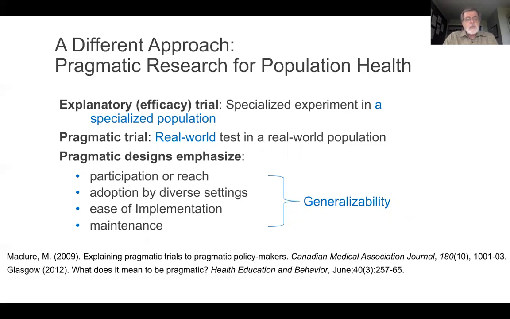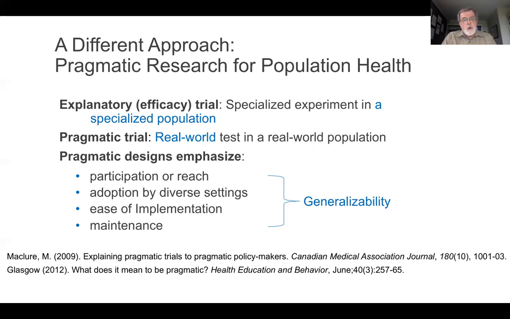And they like to contrast, and I think that works for us here too, what they call an explanatory in UK terms, or in our terms, an efficacy trial, with a pragmatic trial. And this is usually seen in an intervention trial, most often in a randomized control trial, but it doesn't have to be. It doesn't have to be a trial at all, and it can just be research in general.